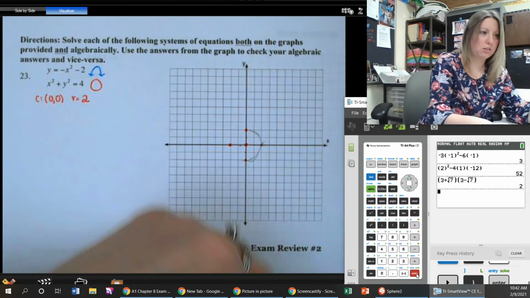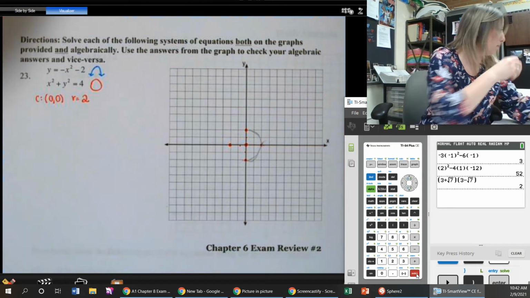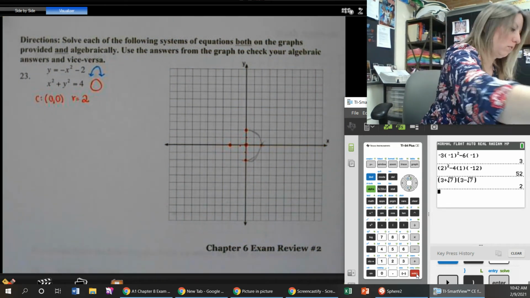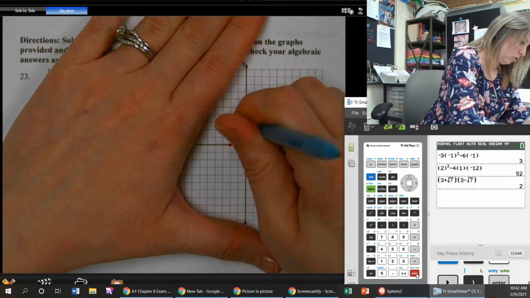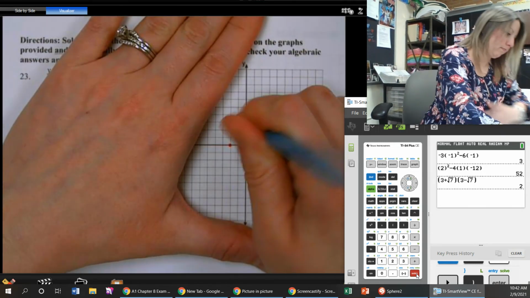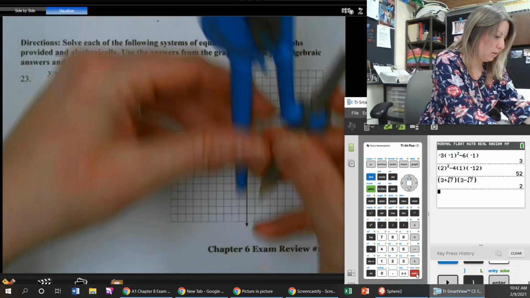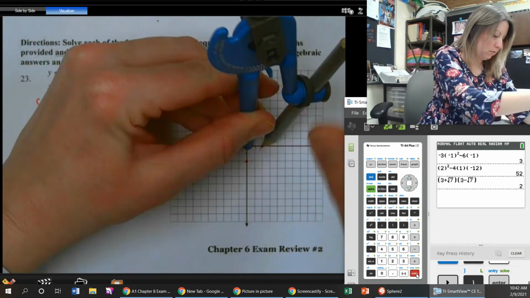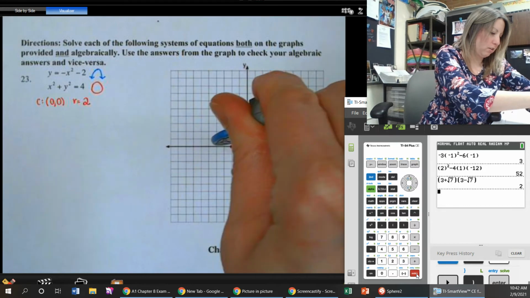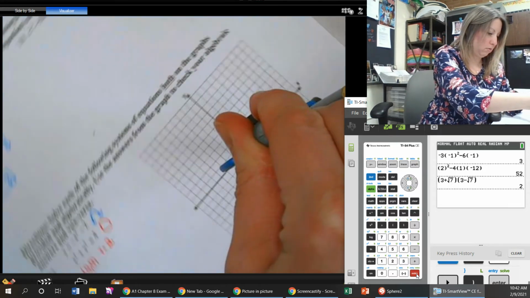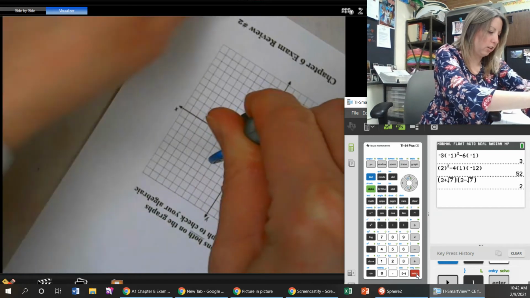Oh my gosh, sloppy, sloppy, sloppy. Let's try it again. I'm going to move this paper from underneath and maybe that'll help. Sloppy, sloppy. Okay. It's not even touching.